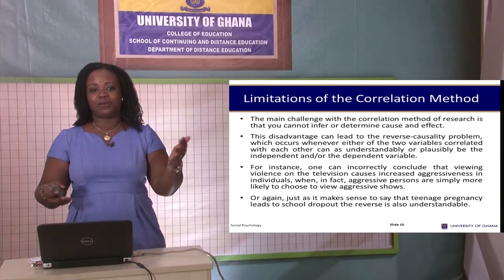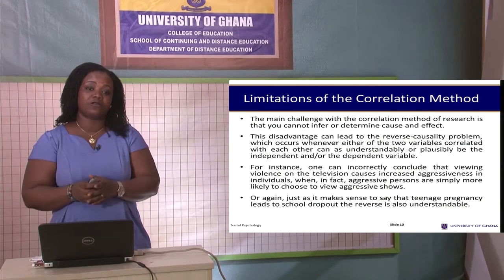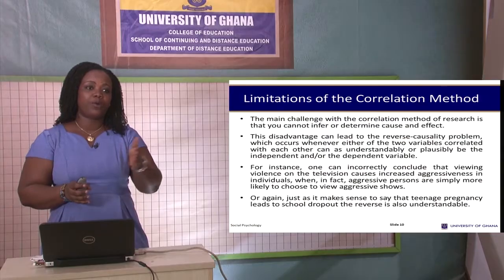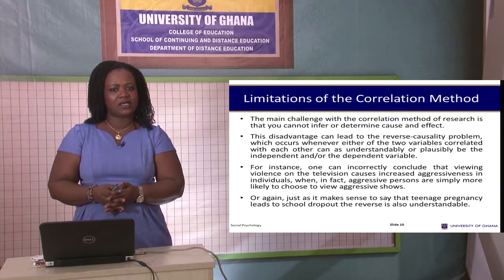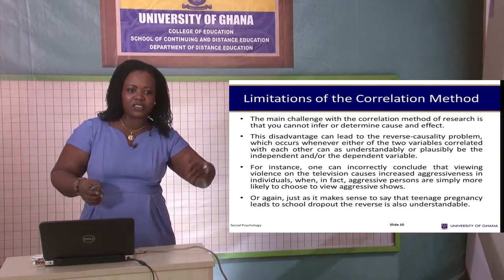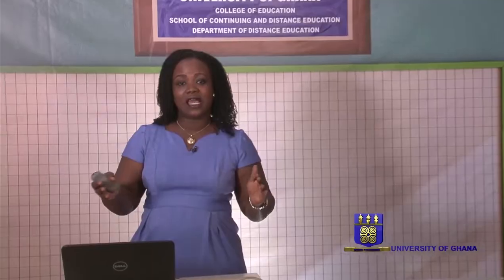So which then is the dependent and the independent variable? That is what you must be conscious of as a researcher. Poverty leads to crime. It makes sense, doesn't it? Crime leads to poverty. That also makes sense. So which of these is the independent and the dependent variable? That is what we call the reverse causality problem, which you must know about and be conscious of so that you do not fall into that challenge.